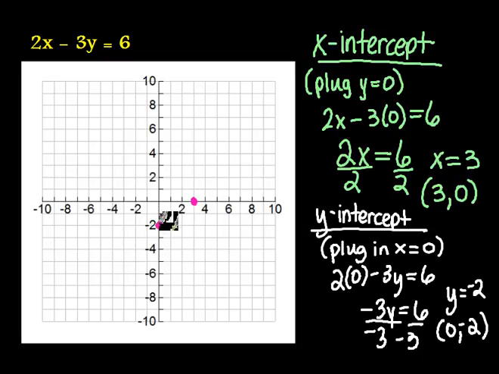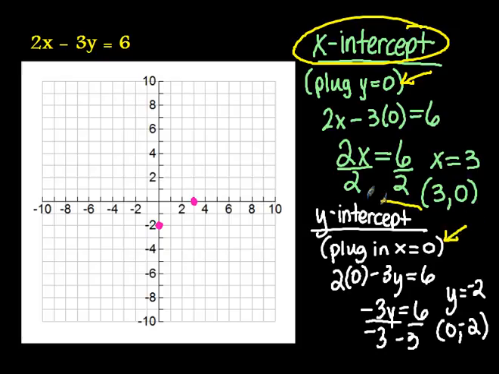Now I do want to point out that there's a very good reason that to find the x-intercept, I plug in y equals 0, and to find the y-intercept, I plug in x is 0. That reason is every single point on the x-axis has a y value of 0.